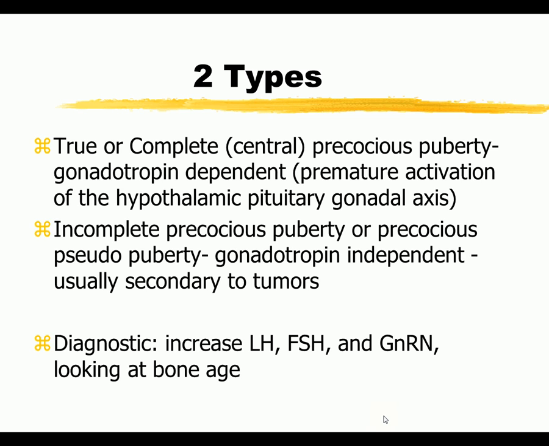Incomplete, on the other hand, is secondary to tumors. So it can be either type. If I was looking at diagnostic labs, I would expect to see an increase in my LH and my FSH and my growth hormone releasing hormone. And they're going to be looking at bone age as well.